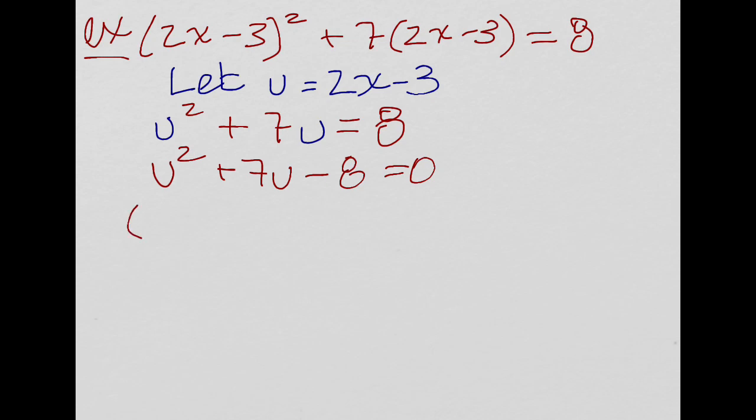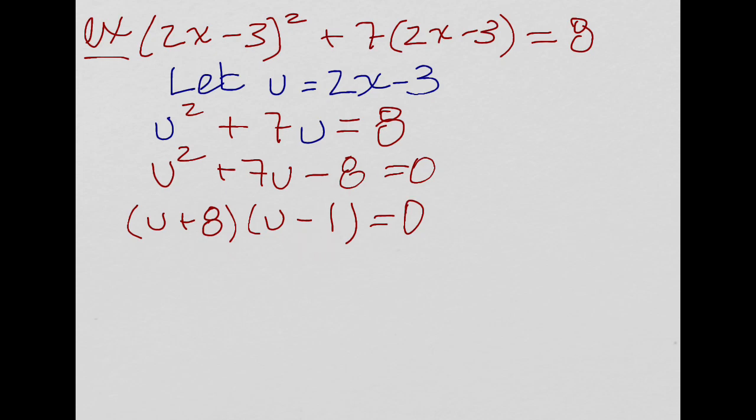I need two numbers that multiply to negative 8 and also add to positive 7. Plus 8 and minus 1 should do the trick. Equals 0. So I have plus 8u minus 1u is plus 7u. Positive 8 times negative 1 is negative 8. So we're factored. That's good.